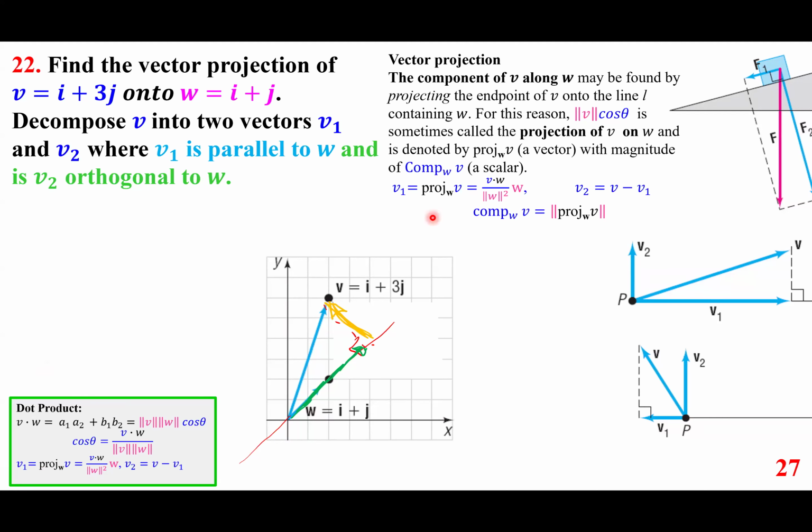So following that, V1 is the projection of V onto W. So V dot W over the magnitude of W squared, times W. And so this one is (1, 3), this one is (1, 1). So I want to make sure you see the point. And so following this, one times one, three times one.